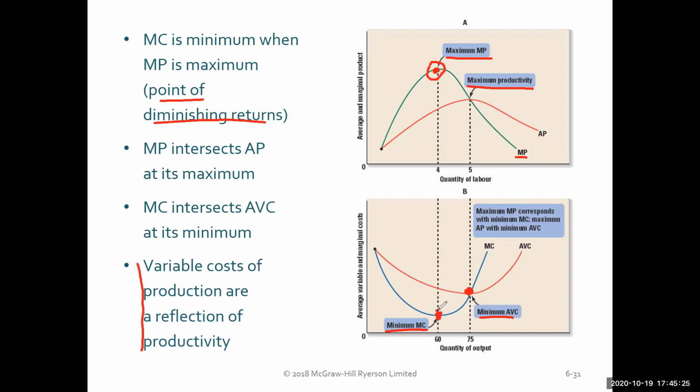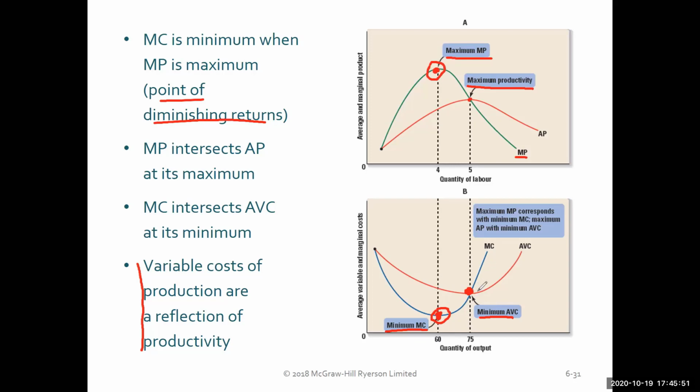and right here. Okay, marginal product intersects average product at its maximum. All right, so that's just because the marginal, if it's above average, average will rise. Marginal cost intersects average variable cost at its minimum. Okay, that's because when marginal cost is below average variable, it's falling.